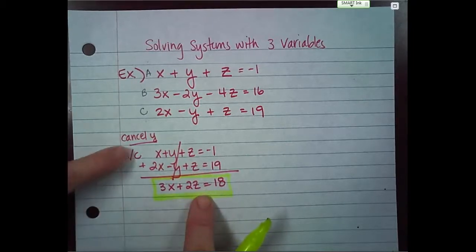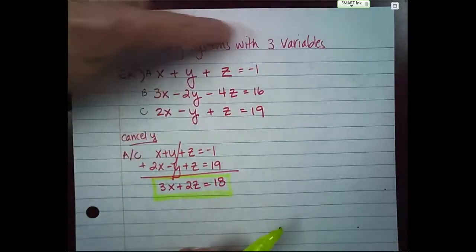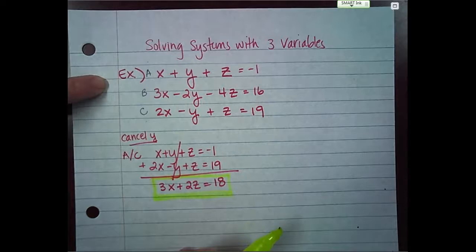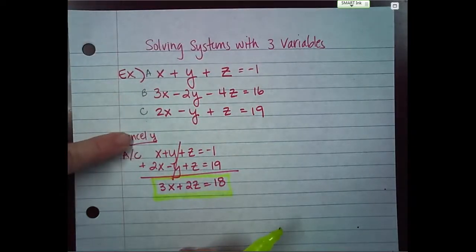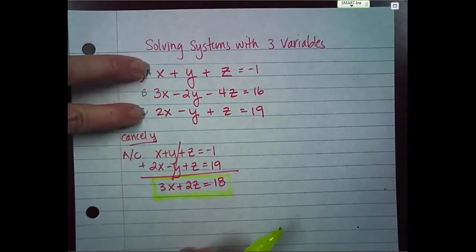I used A and C, right? So when I'm going back to my original problem, I'm going to do the same thing. I'm going to cancel a Y, but if I use A and C this time, can I use A and C again? No, it'd give me the exact same answer.